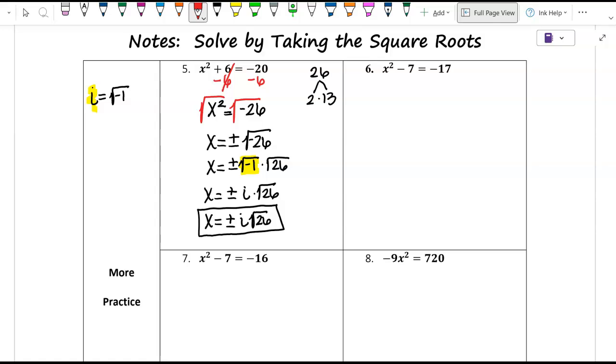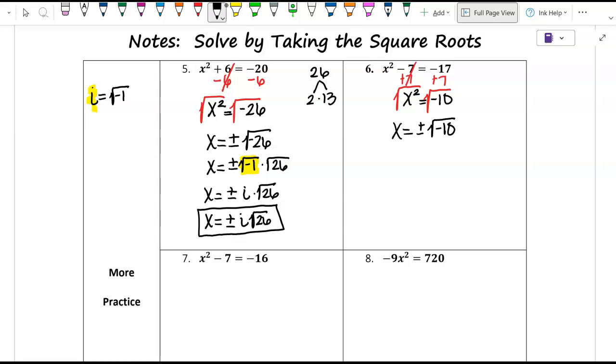x squared minus 7 equals negative 17. Add 7 to both sides. So x squared equals negative 10. Take the square root of both sides. So x equals positive or negative square root of negative 10.